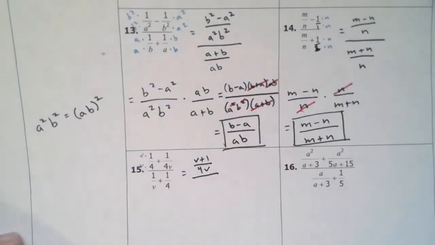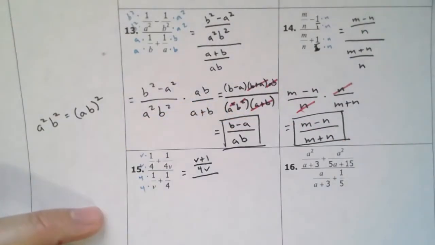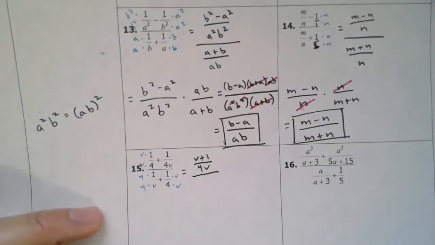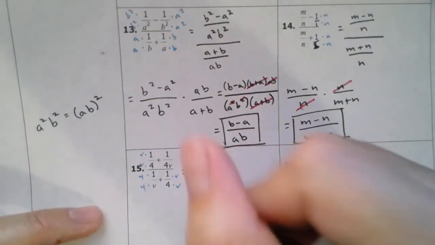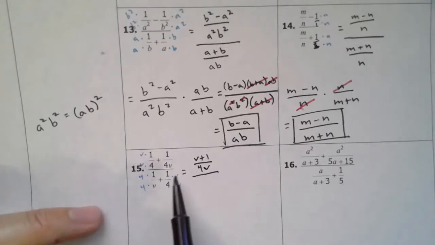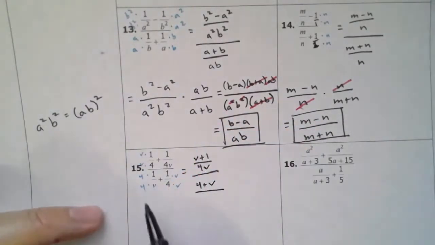all over, and then this one is going to be one of those where I have to multiply by each denominator. So the left I have to multiply by 4, to the right I have to multiply by v, and then that gives me the same denominator. So I get, for the numerator, 4, right, because 4 times 1 is 4, plus 1 times v, that's just v, so I get 4 plus v all over 4v.